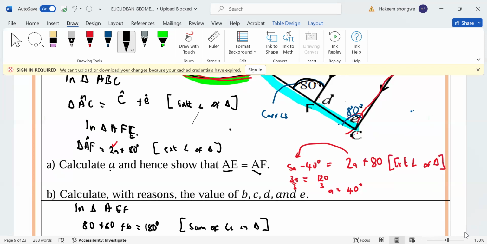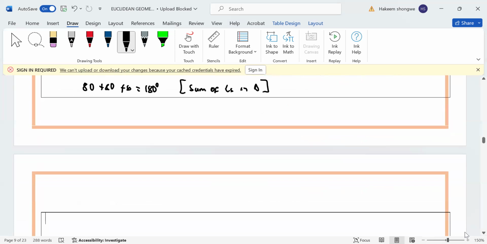Therefore, what's going to be B then? 80 plus 80 is 160, and then 180 minus 160 says B is going to be equal to 20.